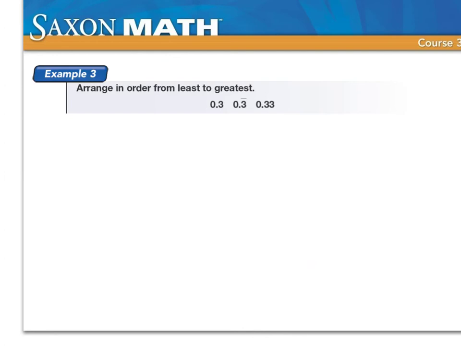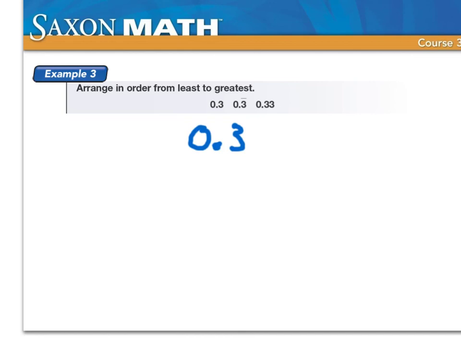Alright, and the last thing we need to do, example 3, is to arrange in order from least to greatest. We got 0.3, 0.3 repeating, and 0.33. Okay? Well, first thing I like to do, of course, is line up the digits from top to bottom. So I'm going to take 0.3. Okay, put that on top.